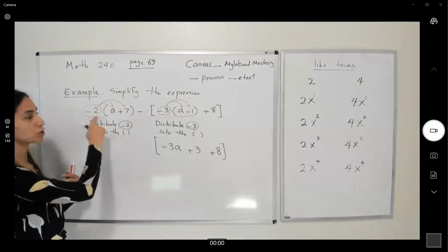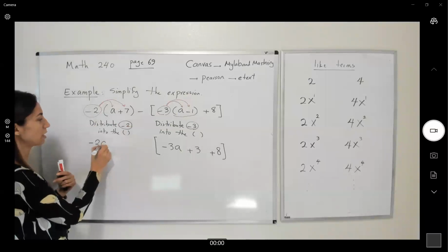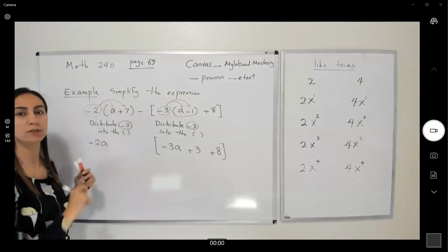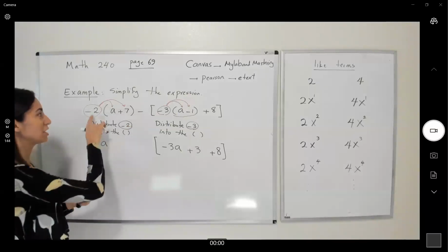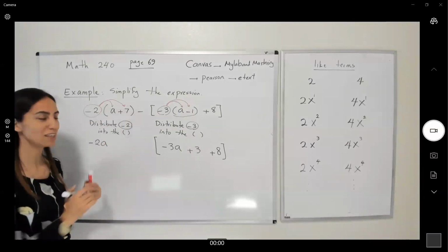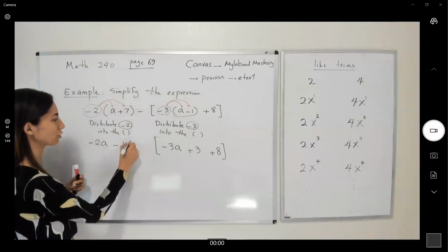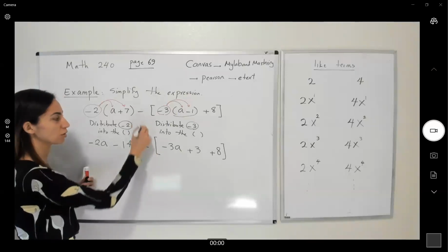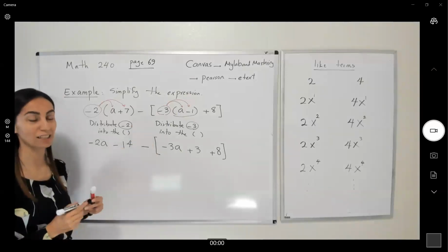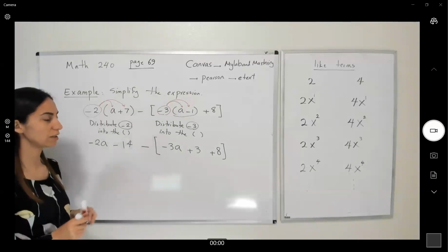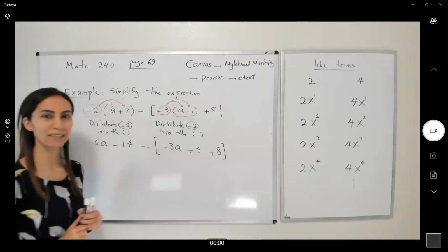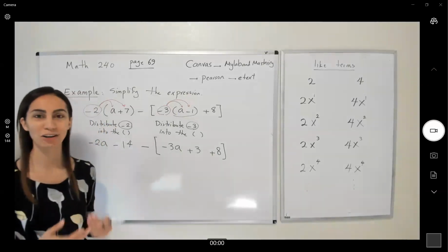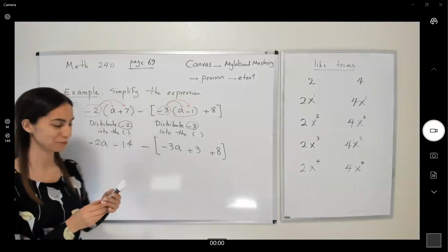It gives you -2a, so let us copy this down. Negative times positive, the outcome is negative. -2 times 7 is going to be -14. Remember that the operation in between is a subtraction, so we're going to copy down subtraction as well. Very well. Inside the bracket, you have 3 plus 8. Remember that 3 and 8 are like terms, so you can add them together.